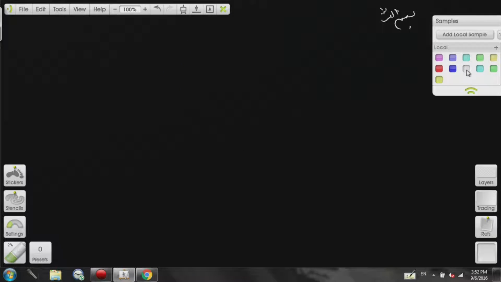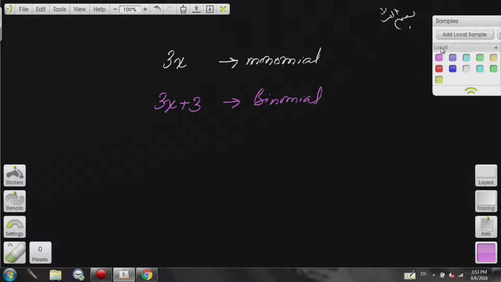So here's some basic terminology that you need to appreciate. This term here, this is a monomial. Monomial means one term, like this. This term here, this is a binomial. There are two terms here. This term here, this is a trinomial.